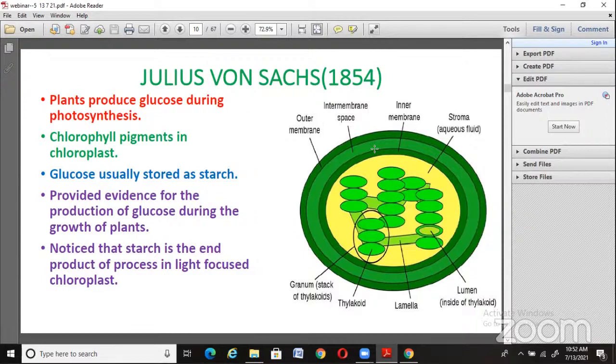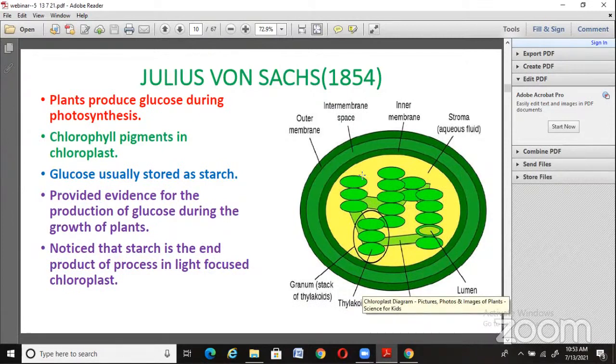Here, the number is not fixed; the plate-like structures differ in number. These plate-like structures are inserted in one another, and as a result of this inserting, these groups of structures are developed. Each group is called a grana, and each plate-like structure is treated as a thylakoid.